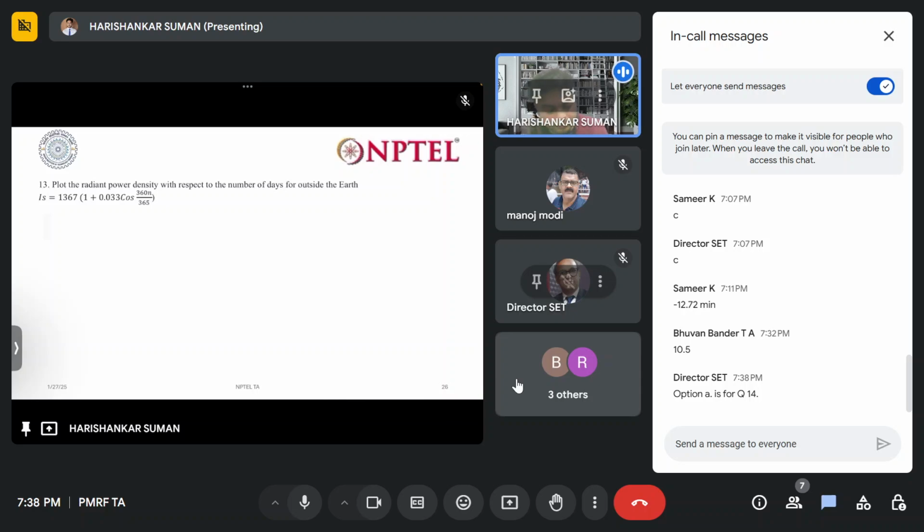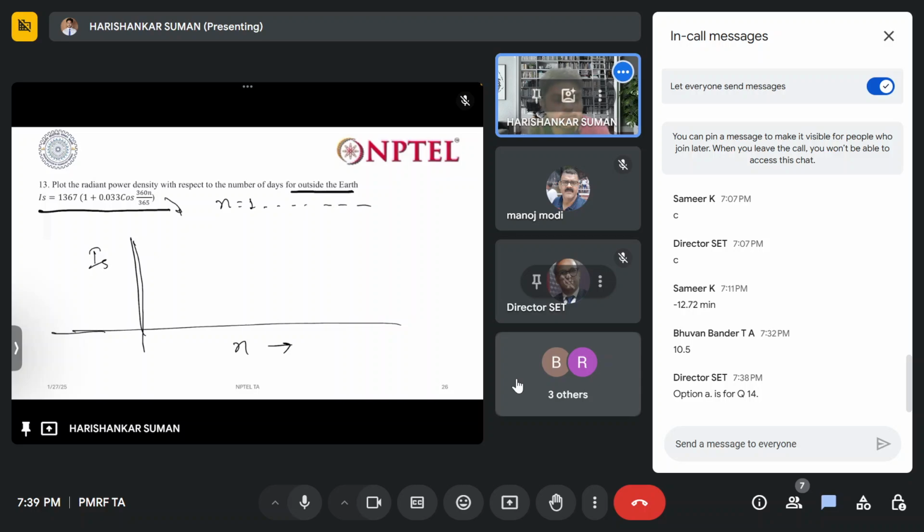Plot the radiant power density with respect to the number of days for outside the Earth. So this is the expression you have to plot: IS versus N. You have to take N equal to 1 to 365.